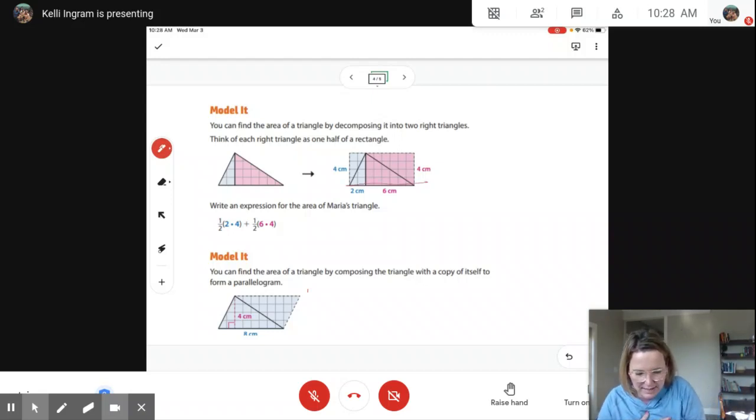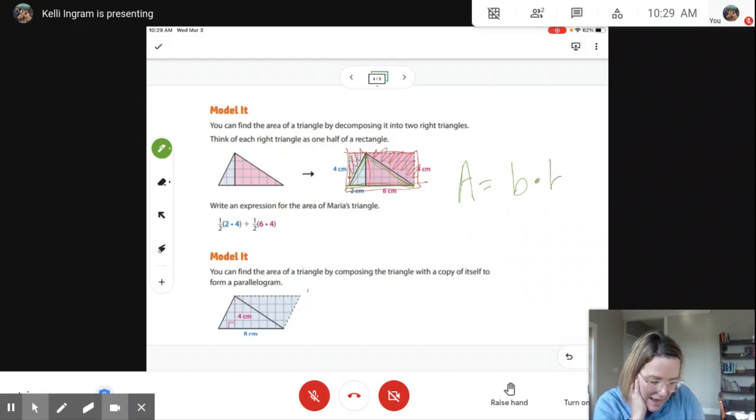This base times the height is going to create a rectangle or a parallelogram around that triangle. And then if I take away the area that I don't need, that is not part of my triangle, what I have left in here is going to be exactly half that. So that formula again is area equals base times height divided by 2.